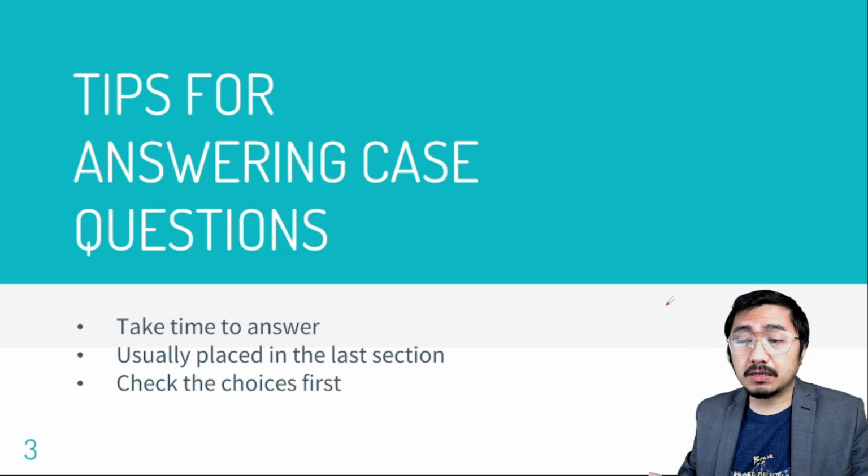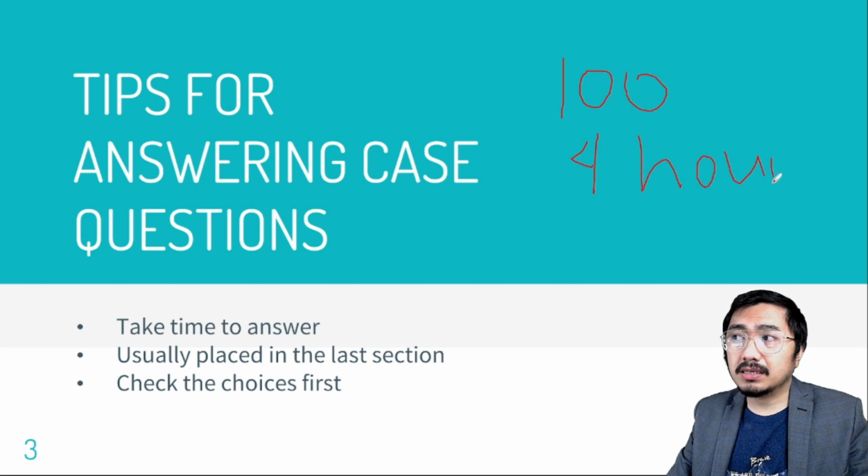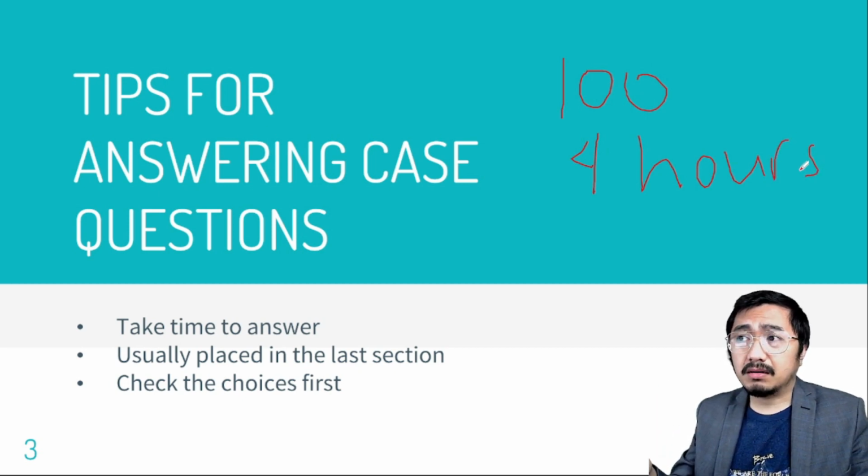So answer the easy questions first, then you have a lot of time for the difficult and lengthy questions, because you don't want to answer the difficult questions first and run out of time. Remember guys, your exam is going to be 100 items to be answered within 4 hours. It is shorter than the previous exam that AAPC has offered, but again, it has only 100 items.